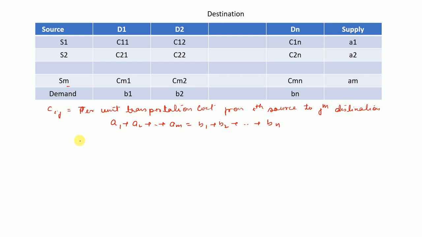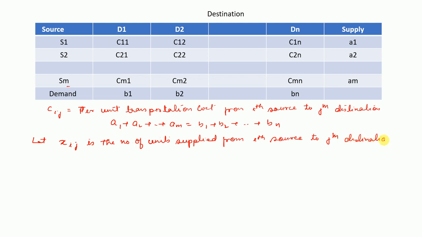Now what do you have to find? We have to find the number of units from different sources to different destinations. So let Xij be the number of units supplied from the ith source to the jth destination.